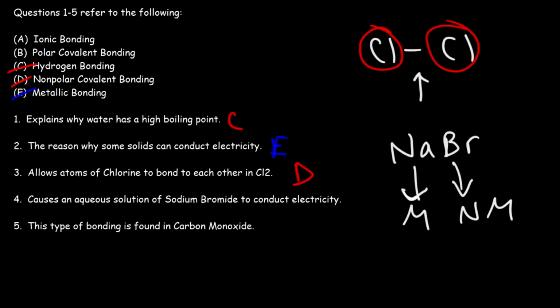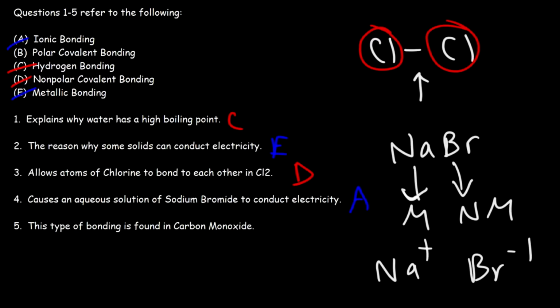And whenever you dissolve an ionic compound in water, it will conduct electricity. This is due to the presence of free-flowing ions in solution. So for number 4, the correct answer will be A, ionic bonding. It best explains why sodium bromide conducts electricity when dissolved in water or in an aqueous solution.